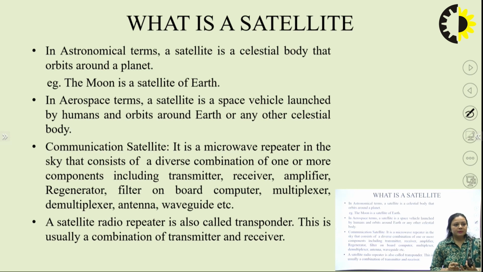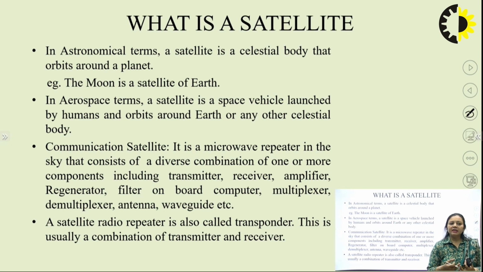Or in aerospace terms, a satellite is a space vehicle launched by humans and orbits around earth or any other celestial body. We can ask for what purpose we are going to have a satellite. We can have a communication satellite. So the types of satellite can vary as per the application of that satellite.